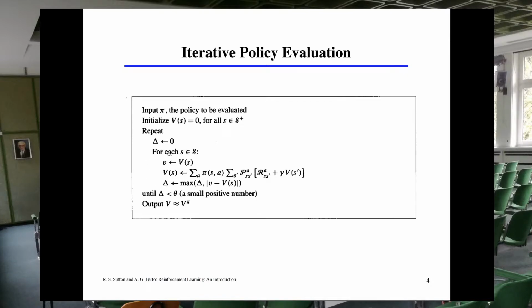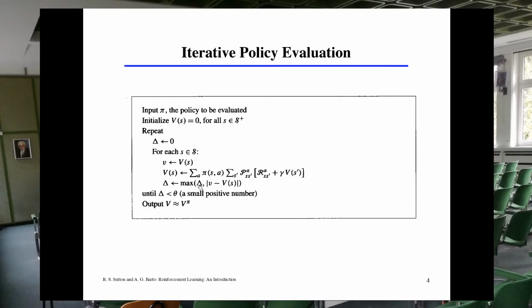Then you go again and you do the same for state 2. You first store the current value for state 2 in V. You update the value for state 2, and then you compare the difference between the previous and the new value for state 2, and you check if that difference is larger or not than the previous delta.